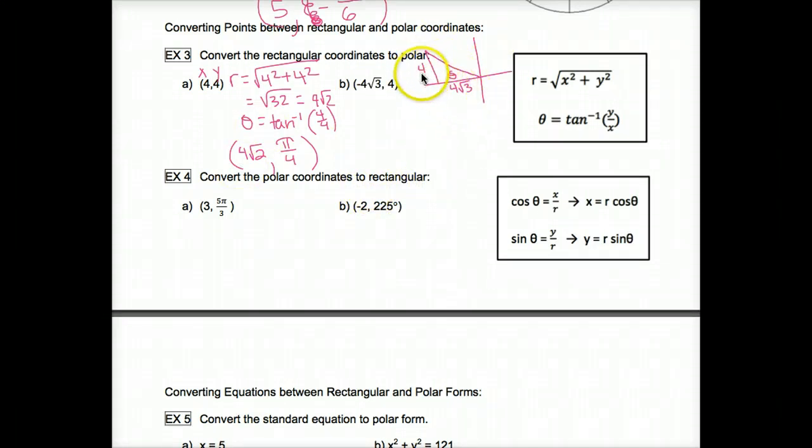When I look at this, I see that this leg is radical 3 times this leg, which means that this is the hypotenuse. It has to be double the short leg, and the angle across from the short leg has to be a 30-degree angle, which means the 30-degree angle in quadrant 2, in radians, would be 5 pi over 6, and my radius is the hypotenuse.